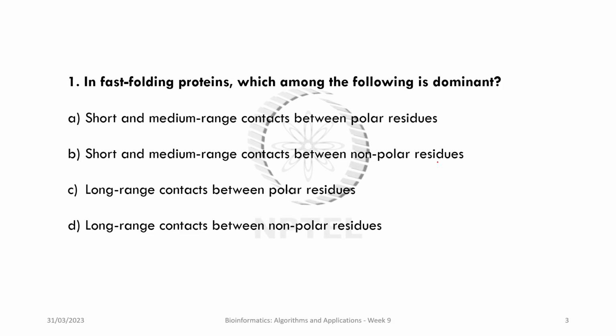So the first question is as follows: in fast folding proteins, which among the following is dominant? Option A, short and medium range contacts between polar residues. Option B, short and medium range contacts between non-polar residues. C, long range contacts between polar residues. And D, long range contacts between non-polar residues.